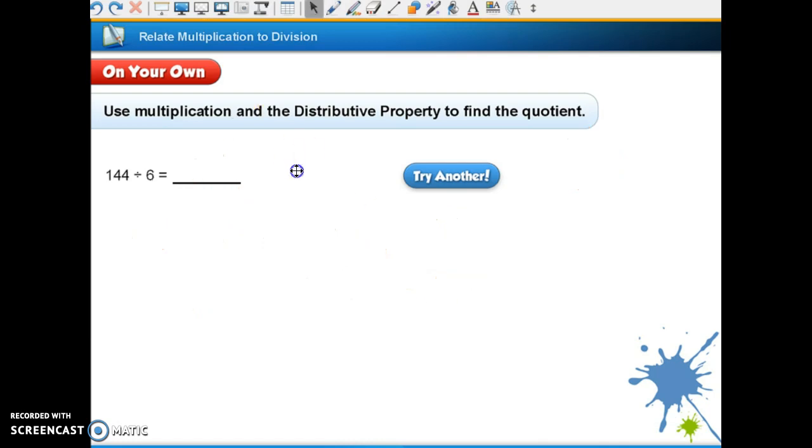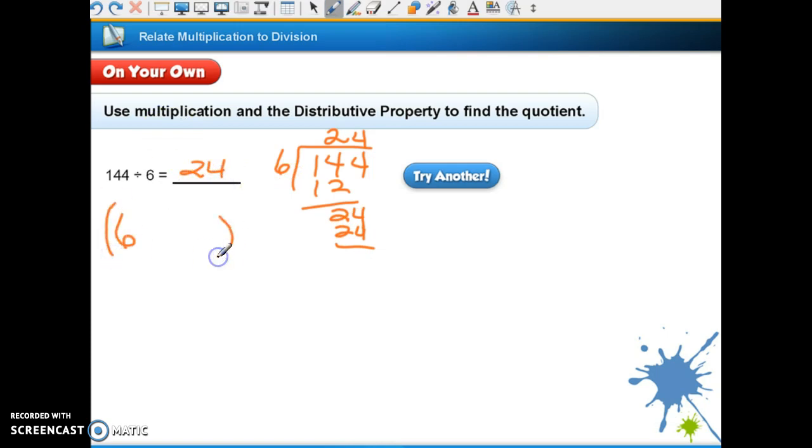This is problem 6 on that same spot. 144 divided by 6, goes in there twice, that's 12, and 24, and 6 goes into 24 4 times. So we have 24. Now we're going to multiply everything by 6.